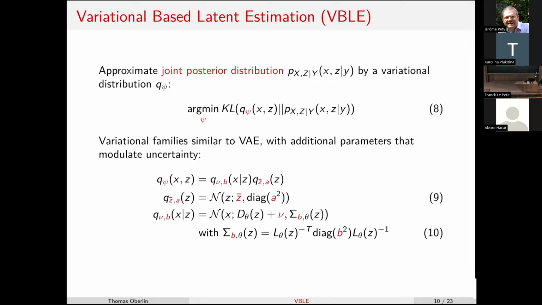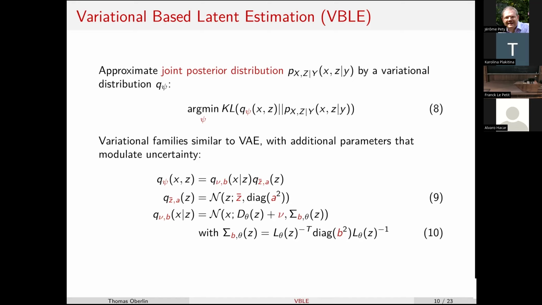So Q of x given z is also a Gaussian. It's centered in d of z. So the decoder will map the most probable latent variable z to d of z, but we add some small bias, nu. It can help sometimes.